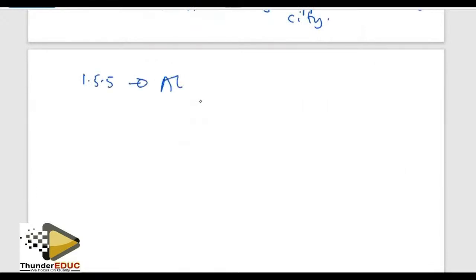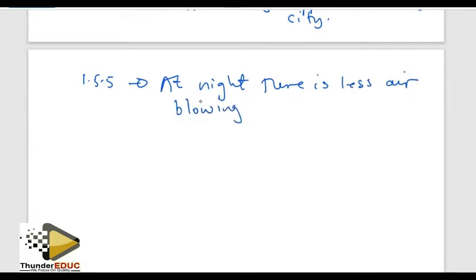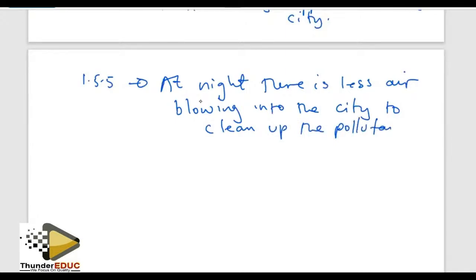I could say that tonight there is less air blowing into the city to clean up pollutants.